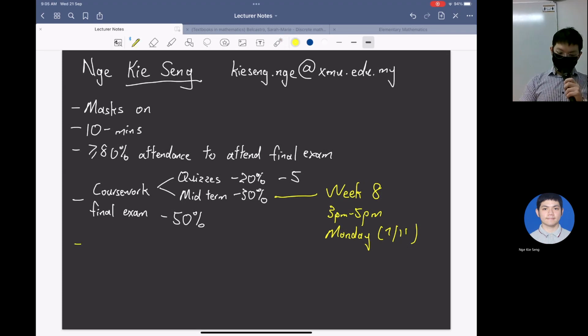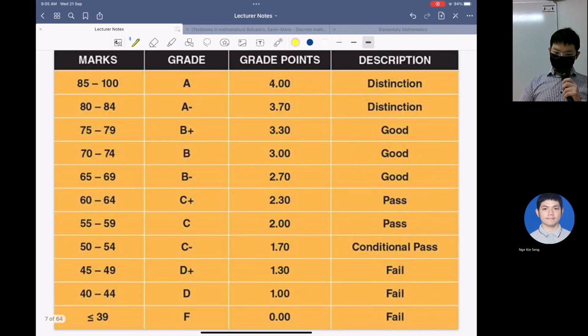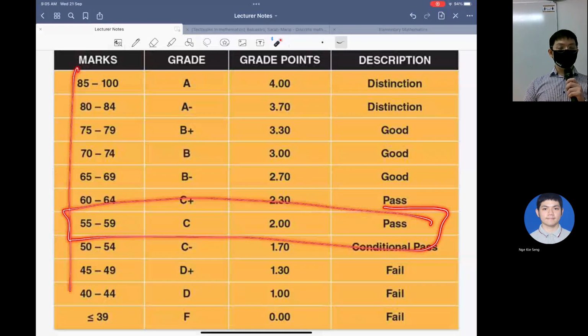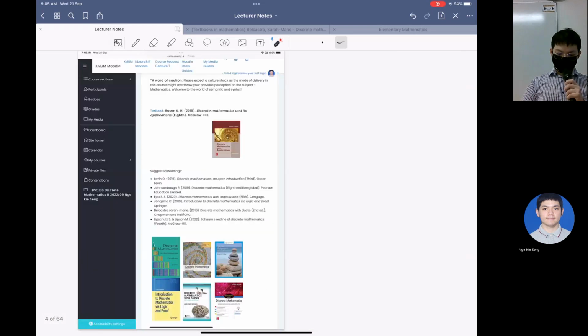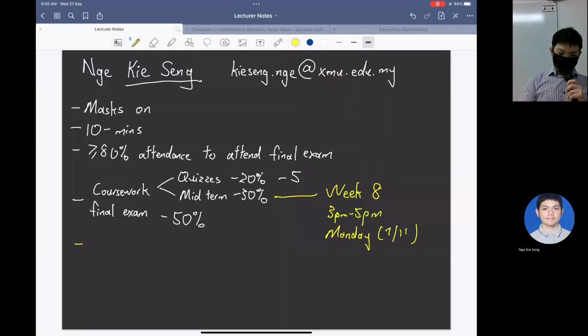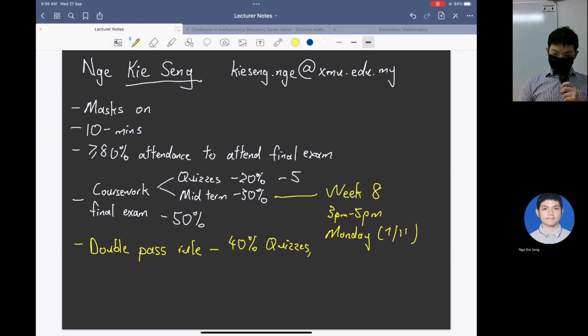Okay. Also, for this course, there's a double pass through. Do you know this chart here? So you will fail the course if you are below 55. But even if you get 55, you need to get at least 40% on quizzes, midterm, and also at least 40% on the final to pass.